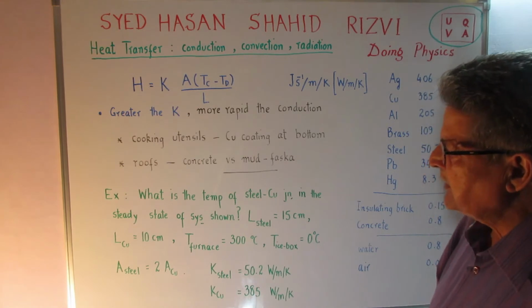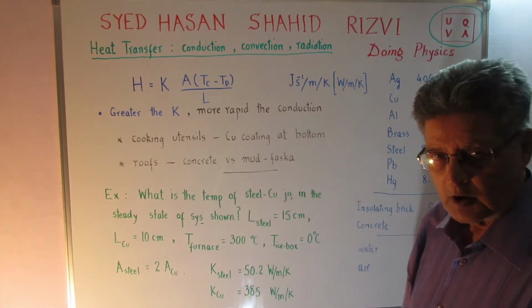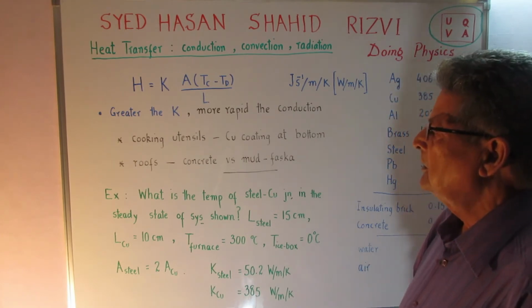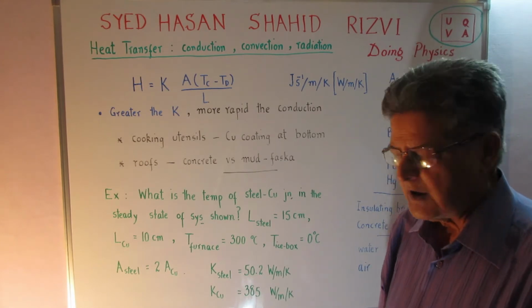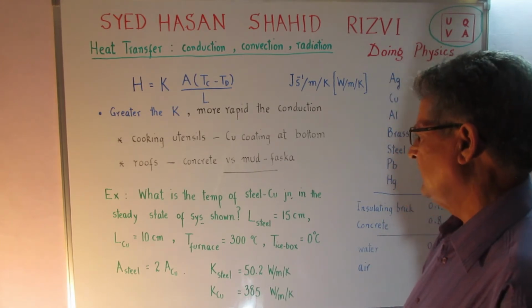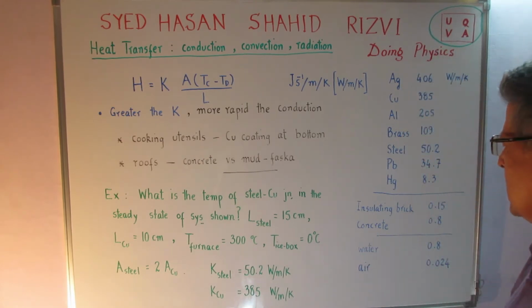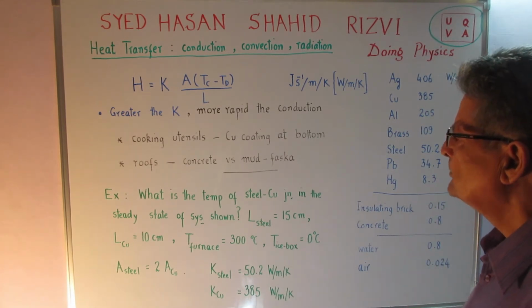If there is no mud huska and tile, which is a kind of insulating thing, then the heat transfer from the roof to the ceiling and therefore to the rooms where we live in will be a bit faster, as compared to the case of mud huska.